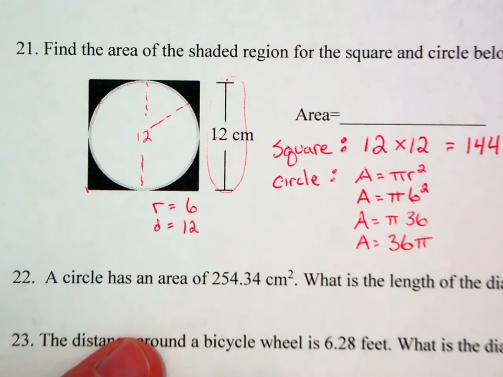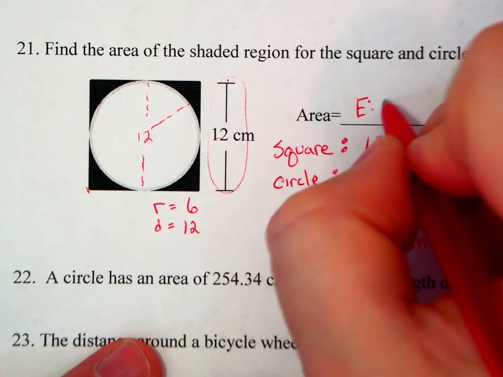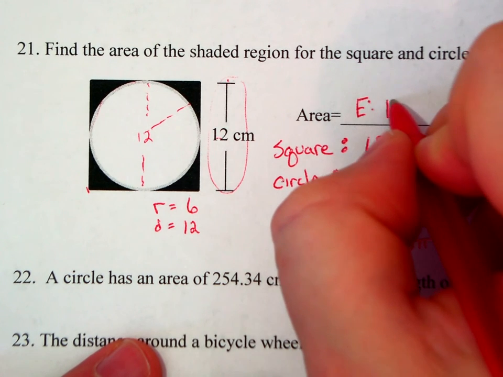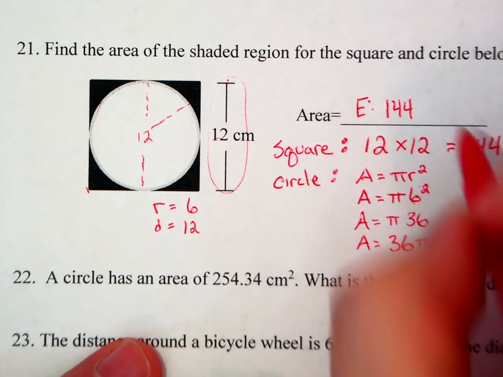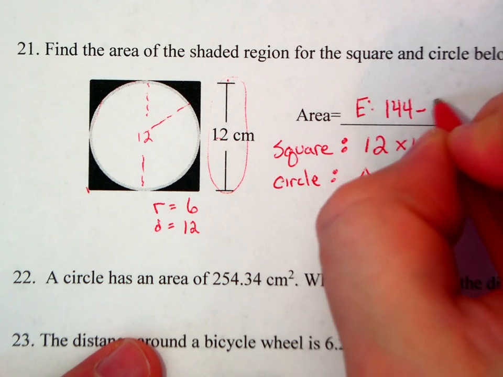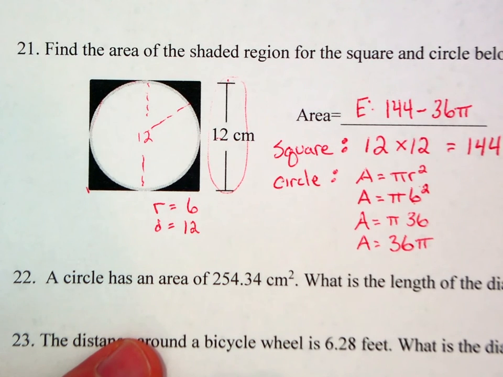So we have all the information we need. My exact solution for this particular problem would be the area of the square, 144 centimeters squared, minus 36 pi centimeters squared.